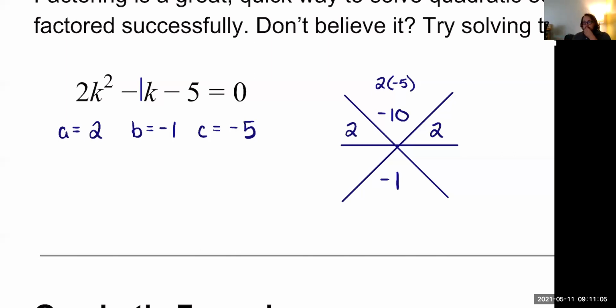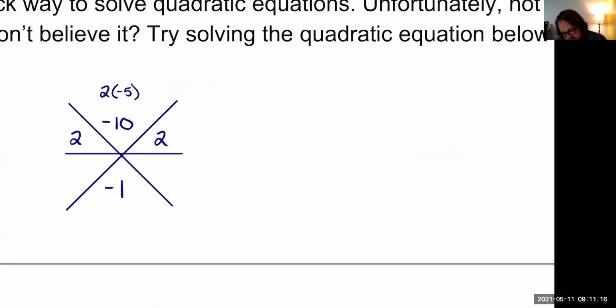So even though we didn't notice until this point that it couldn't be factored, we've hit a wall and we've considered every option. Thankfully, there weren't too many. But at this point, we have to say that it's unfactorable.